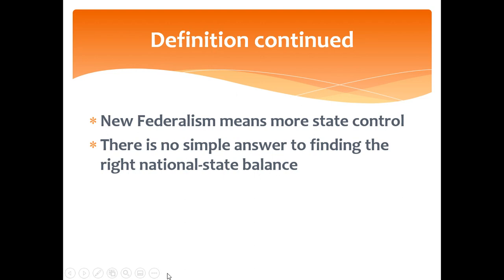These redistributive programs implemented by the national government are aimed at benefiting the poor. When these programs are devolved to the states, states, on the other hand, have an incentive to keep taxes and costs low. And thus, they are not necessarily going to want what the federal government wants with devolution.